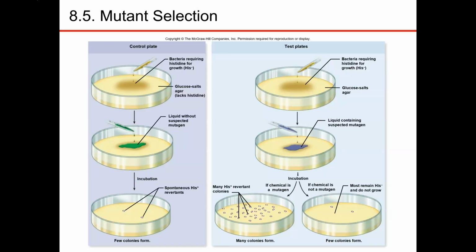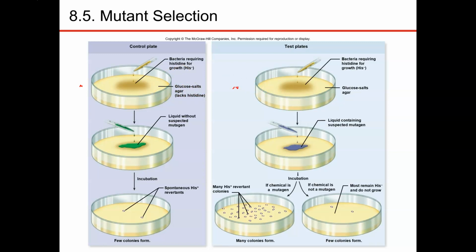So let's look at this. So here we have a control plate, and here we have the test plate, okay? Control, test. Both of these plates are histidine requiring plates, so they don't have histidine, all right? We add bacteria that are histidine dependent, which means they won't be able to grow on these plates.